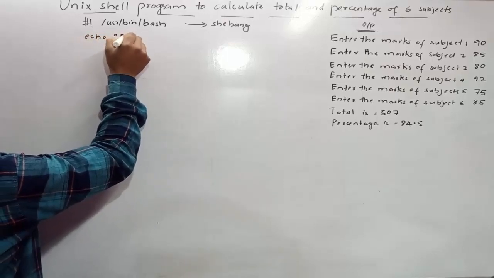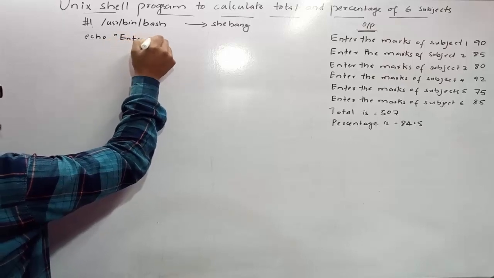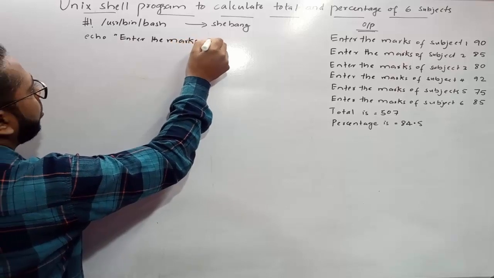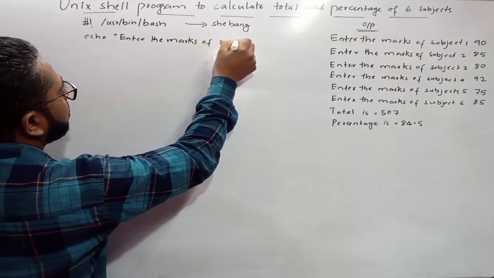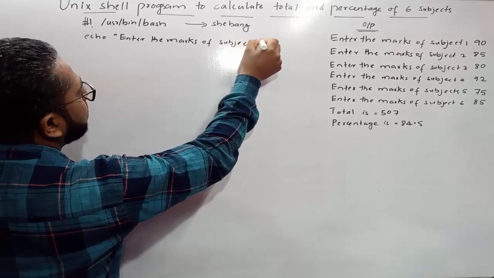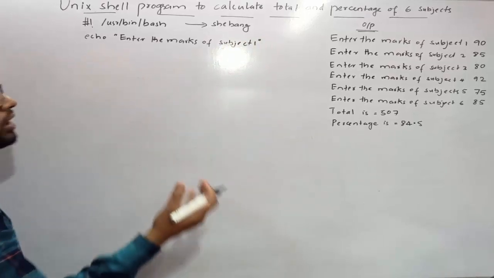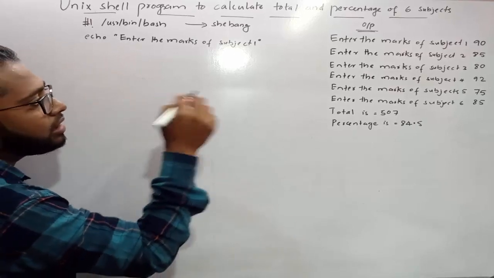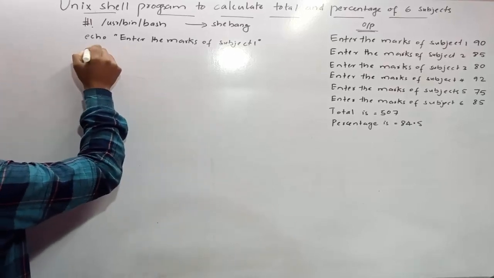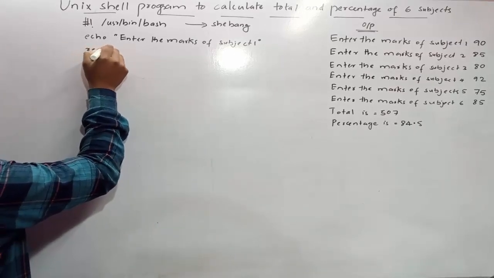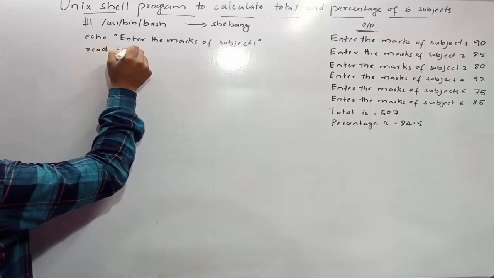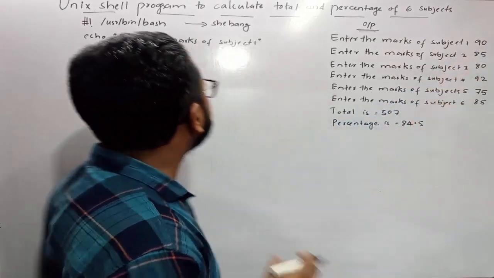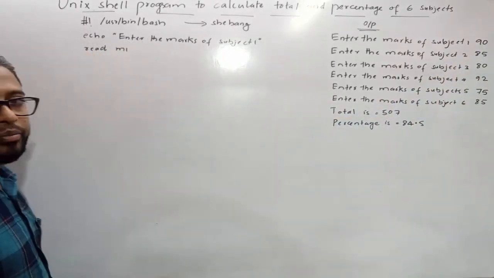Echo "enter the marks of subject 1" in double quotes, and then I will take that input and store it in a variable. So to accept that input, I will use the read command. Read, and I will make a variable with the name M1. This marks 90 gets stored inside variable M1.